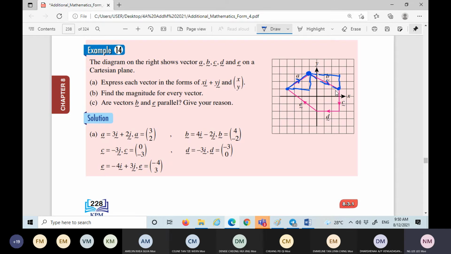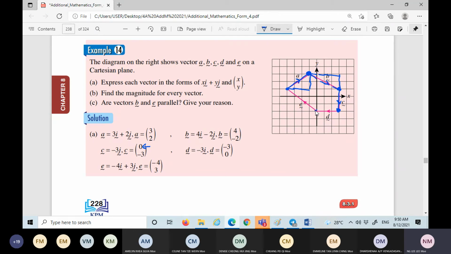Next we look at C. From here come to here. C is special because it didn't go to the right or the left, so the i portion is 0. 0i. And then go down 1, 2, 3, so it's negative 3j.